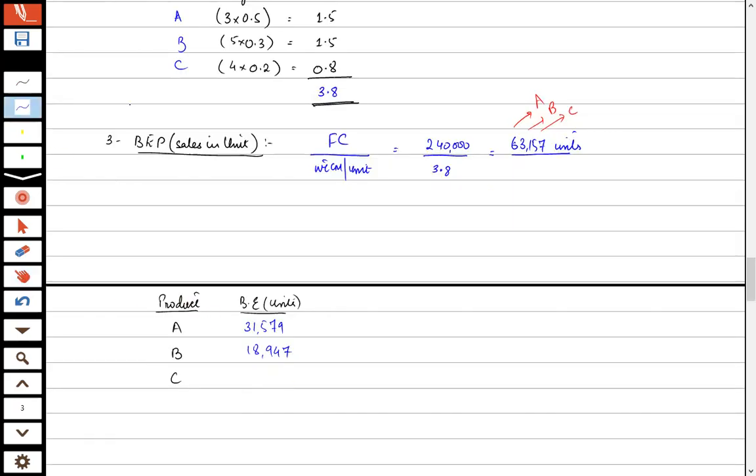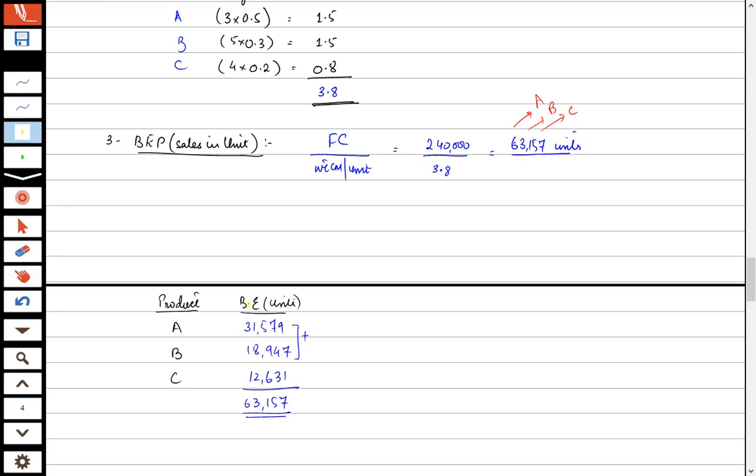Okay, now since these are decimals, there is a chance of rounding errors for the last product, whether there are three products or four. What we do is add these two amounts and then calculate the remaining amount from 63,157. That will give exactly the units of C, which I think is 12,631. Done.